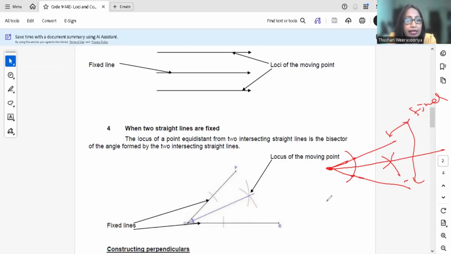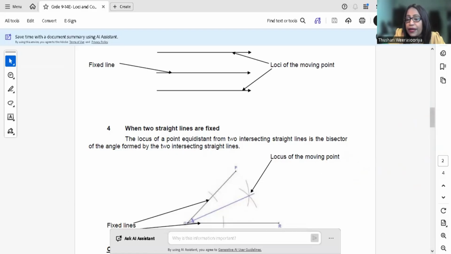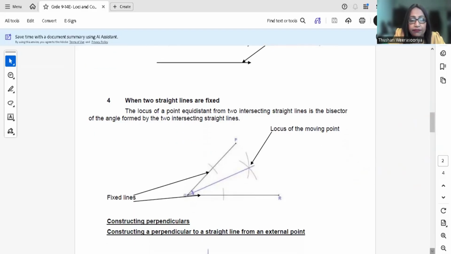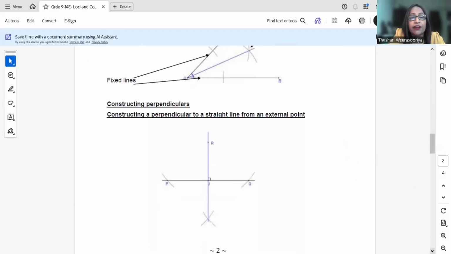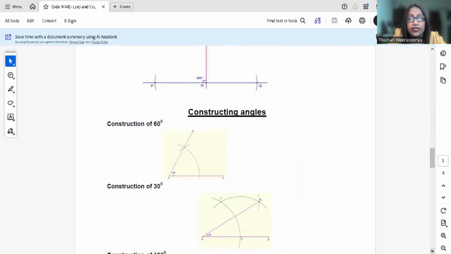We'll move to the other part of this, that is constructing perpendiculars. Right. In maths, we have different types of perpendiculars. Right? We have learned to construct the perpendicular straight line from an external point.